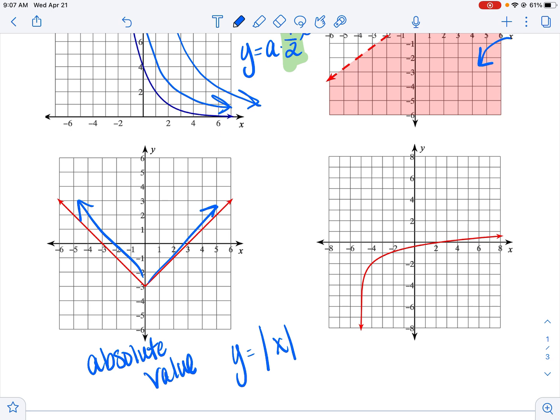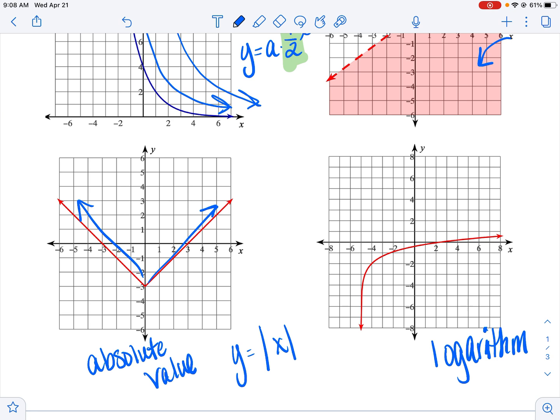So this one looks a lot like an exponential graph. In fact, it is an exponential graph that's been turned on its side. And so if you think about it in terms of this, you should be able to say, okay, well, what is related to exponents? Well, we know from our history of solving them that a log or a logarithm is the inverse or the opposite of exponential.